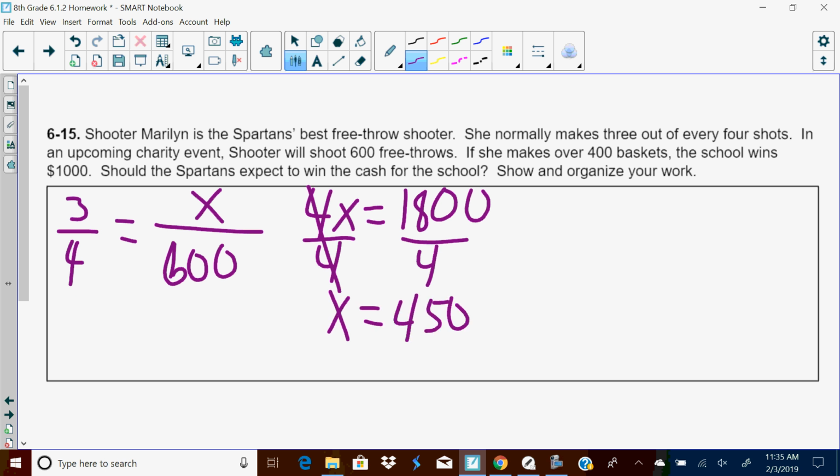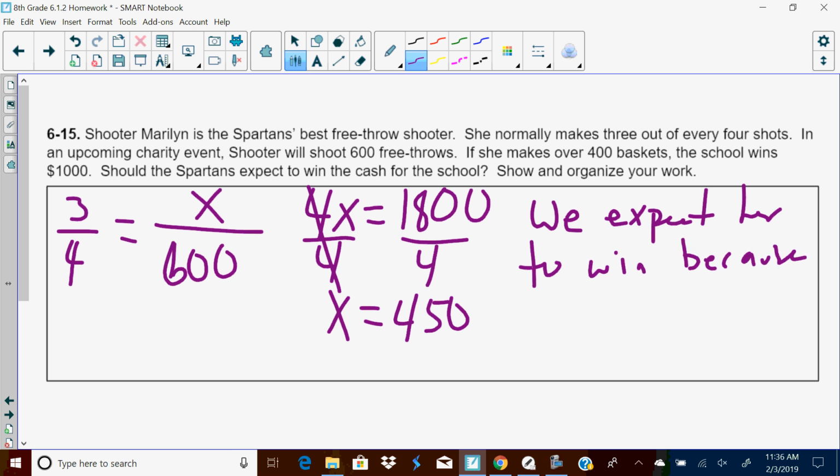So she's expected to make 450. So yes, we would expect her to win, because 450 is more than 400.